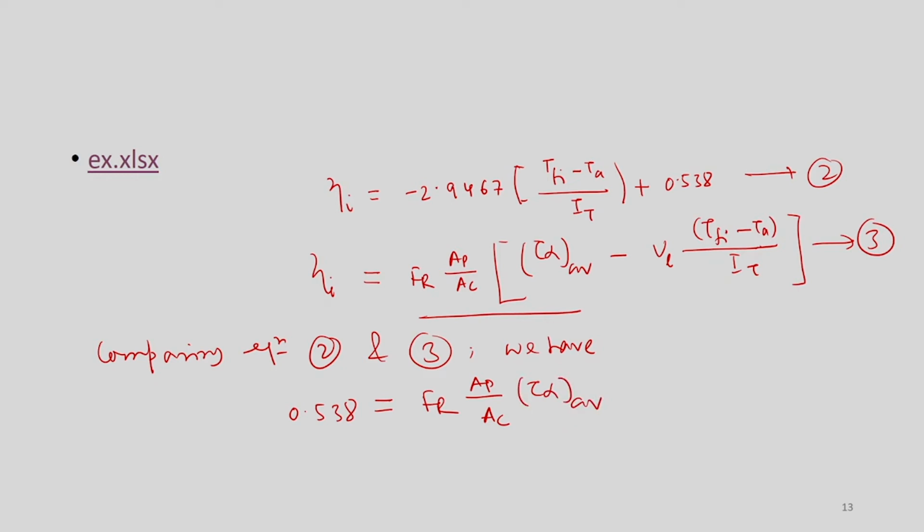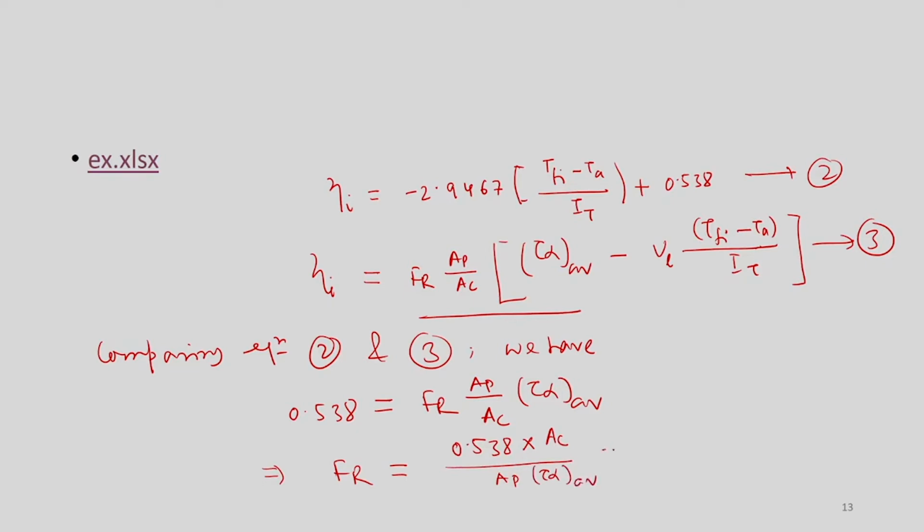So, if we substitute those values, straight away you can calculate the FR value. We can simplify FR, which is equal to 0.538 into AC, then AP tau into alpha average.